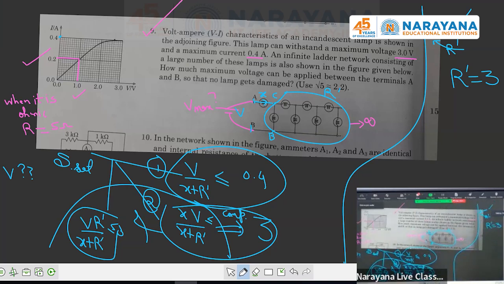Current वाली बात भी हो गई, and all the voltages are also taken. V की वैल्यू आपको निकालनी. ऐसे तो देखें तो जनरली V और X के साथ ही है. So you can look into combinations also and solve and check which one is the maximum voltage which you can apply.